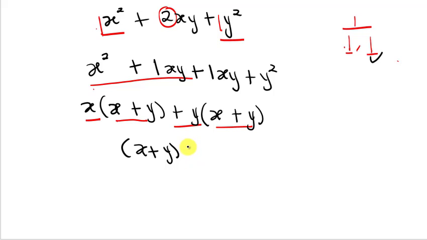So that is going to be, once again, x plus y. The x plus y factors are repeating, they are the same. So we can rewrite that as x plus y all squared. So that is how we can factorize this particular quadratic expression involving two variables.